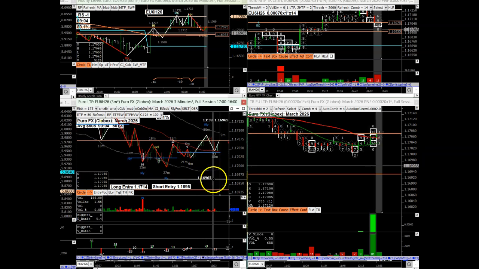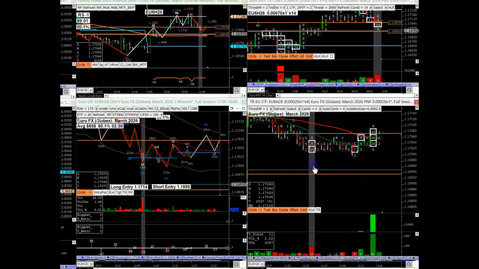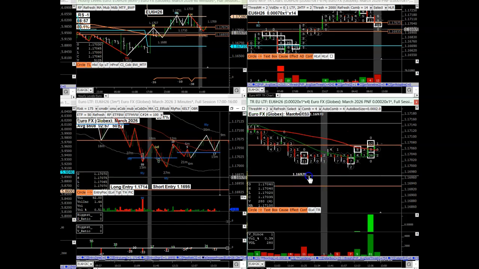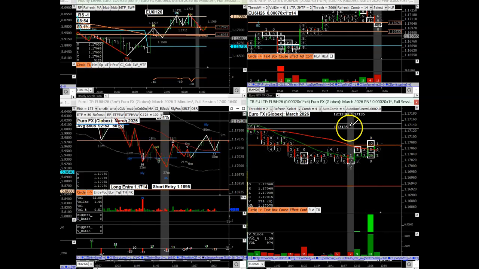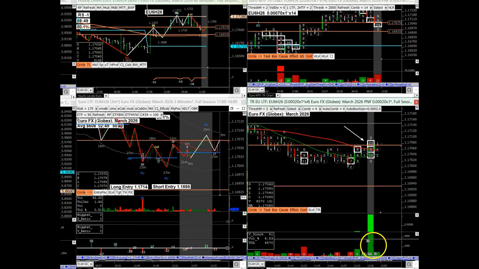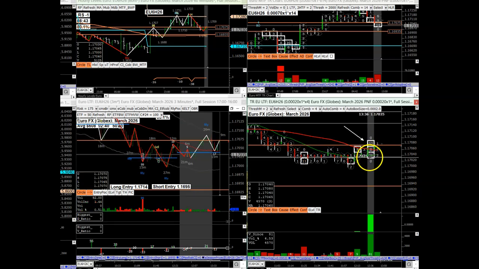But from a pressure perspective, bang, look at that. This is the biggest volume in 81 up bars. Again, this is the biggest volume in 81 up bars right here.